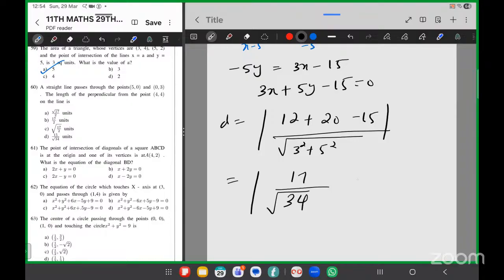So this can be written as 17 divided by root 2 into root 17. Cut, it will become root 17 by root 2. Answer is option C.